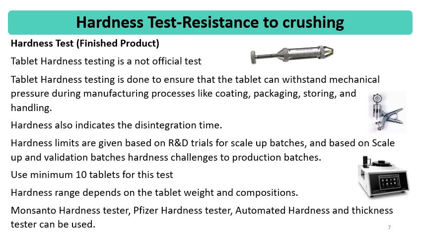Hardness is finalized based on the scale-up trials and R&D trials, and generally 10 tablets are used to test the hardness. Monsanto hardness tester, Pfizer hardness tester, and nowadays automated hardness thickness testers are there to perform the hardness test.